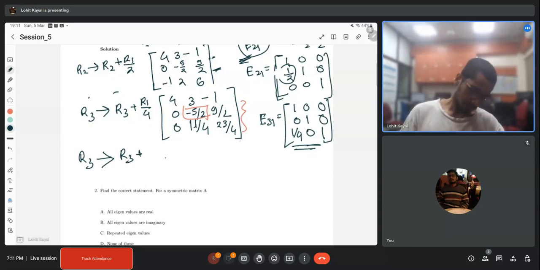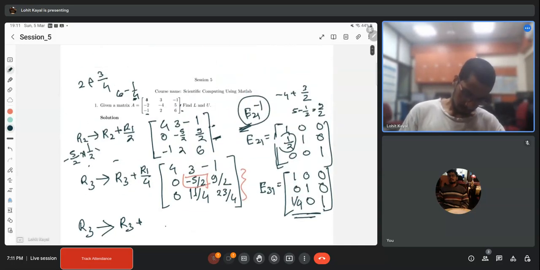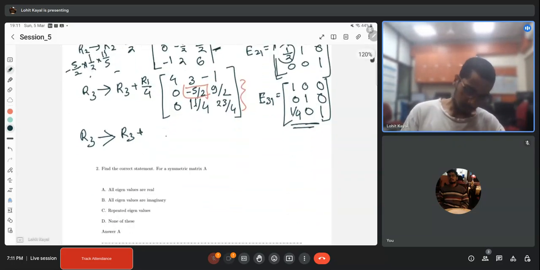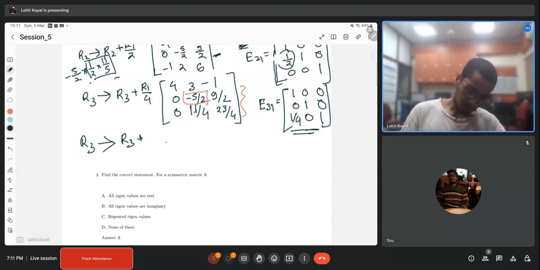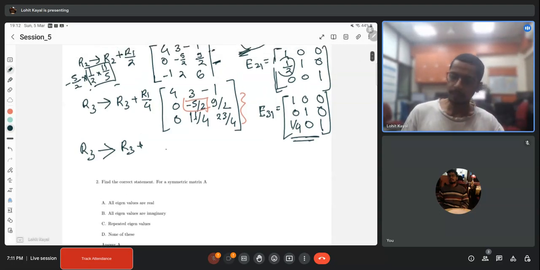Maybe 4. 2 into half by 4 into 11 by 5. So 11 by 10 is the factor, right? Yes, 11 by 10 is the factor. Plus 11 by 10 times row 2. So this is the new step.